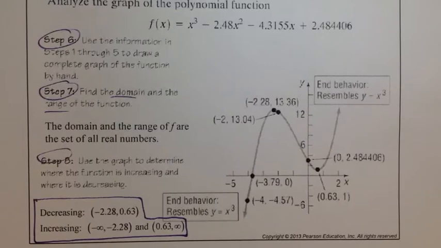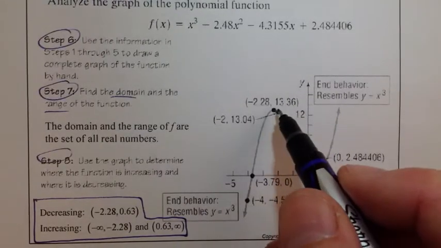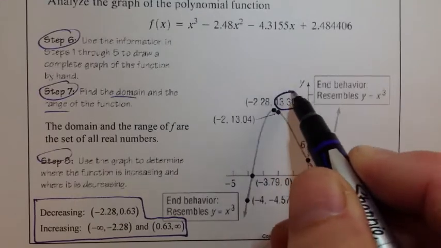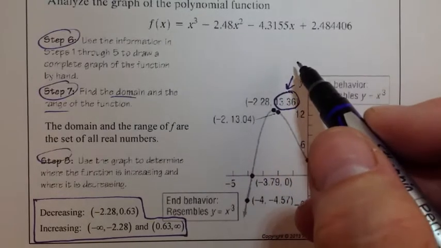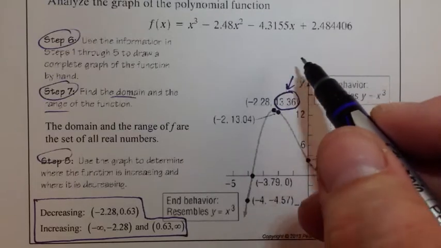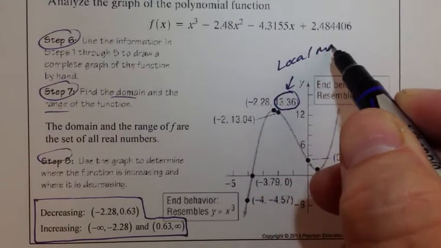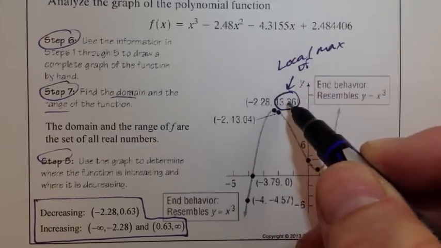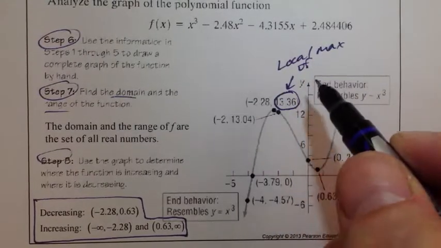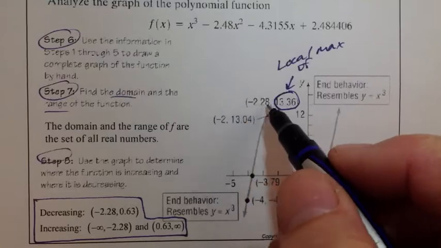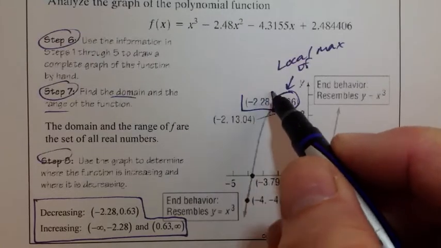Okay, you also would say, and you don't have that here, but you'd also say that you have an absolute maximum value of 13.36. Did I say absolute maximum just now? I meant a local max of 13.36, okay? And you can say at x equals negative 2.28.